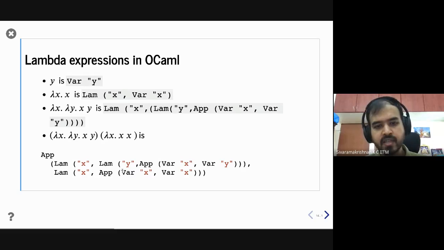It takes the thing that you are applying and the thing that you apply it on, right? Those are the two things. And similarly, this expression is the same as this expression. So we will just have the same thing here. So this is how the thing that we write on paper is represented in our OCaml AST, abstract syntax tree.